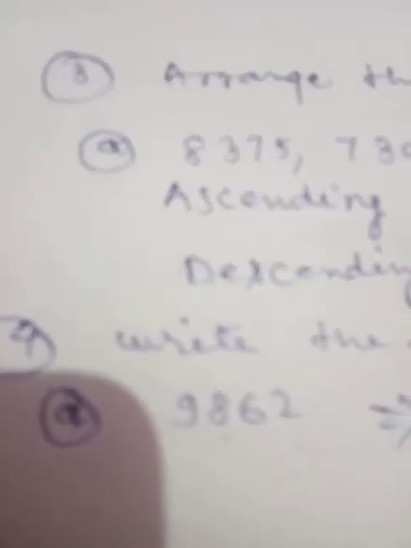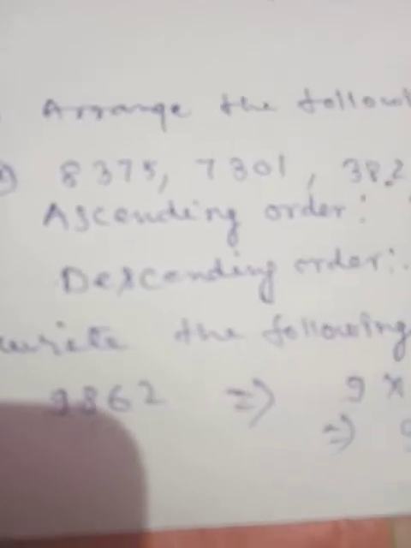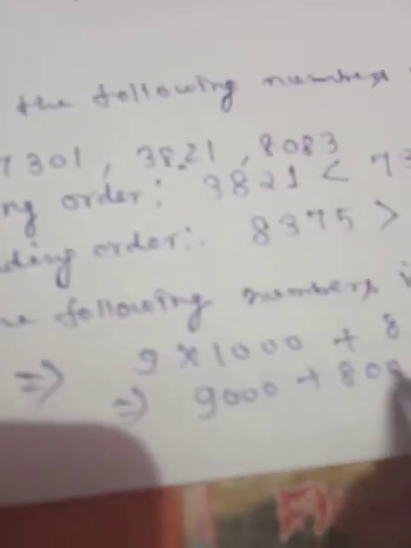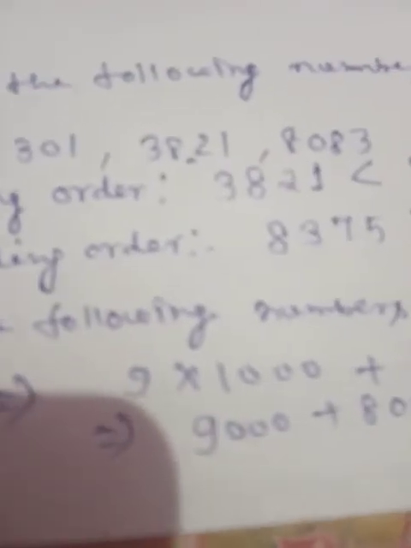Here we get 9000 plus 800 plus 60 plus 2. So 9000 plus 800 plus 60 plus 2 is the expanded form of 9862.